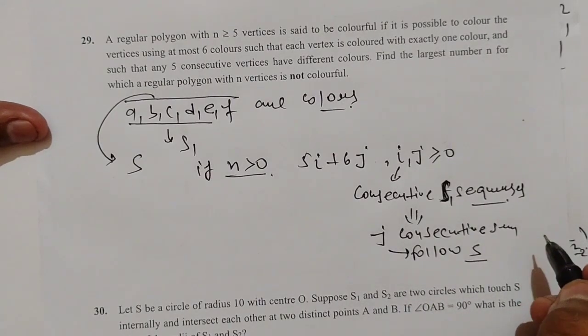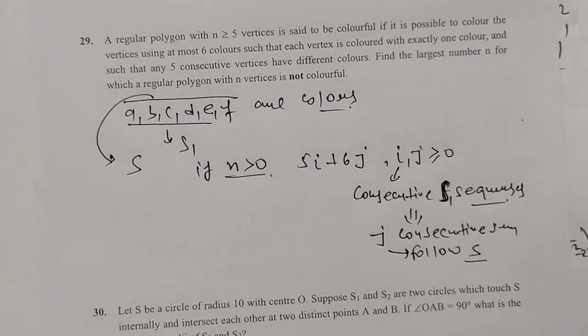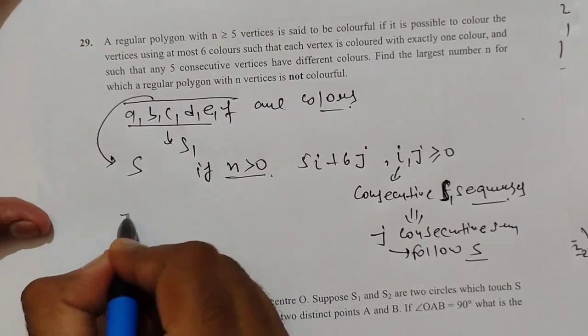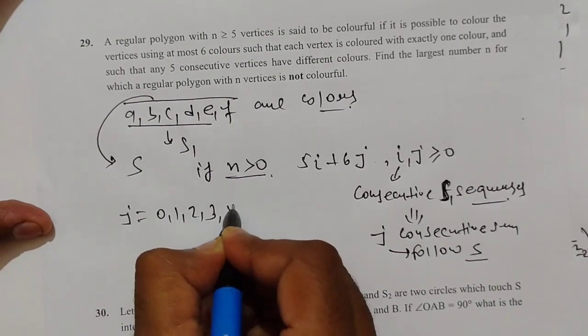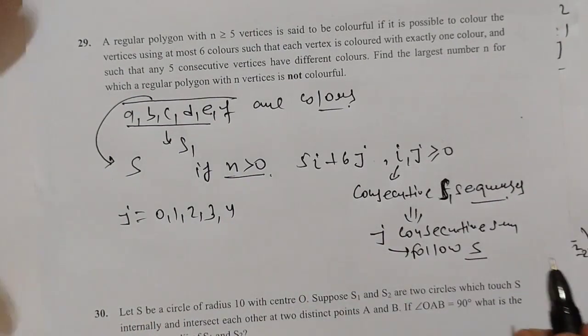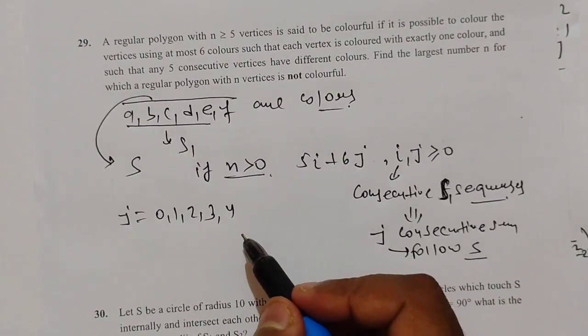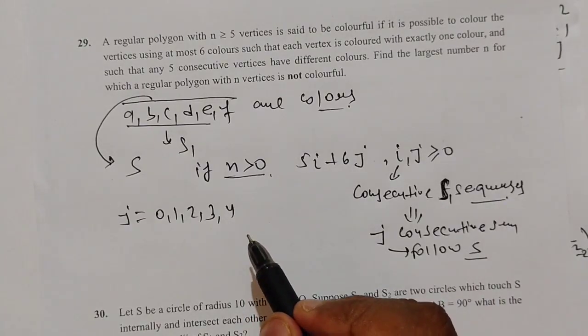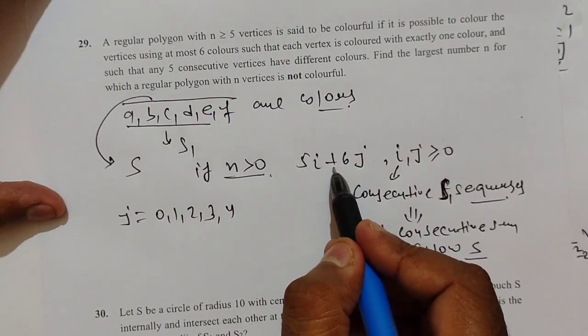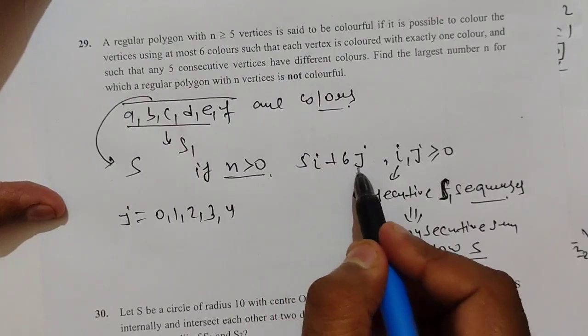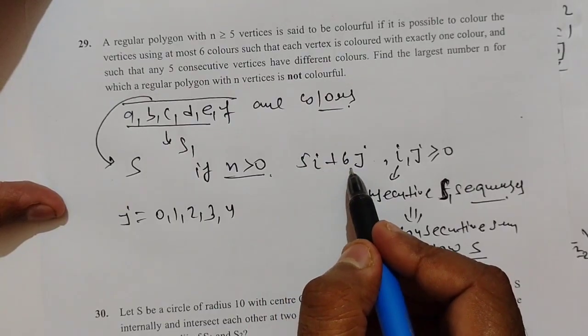Now if we use the values j equal to 0, 1, 2, 3 or 4, we find that we may get any number of the form 5i, 5i plus 6, 5i plus 12, 5i plus 18, 5i plus 24.